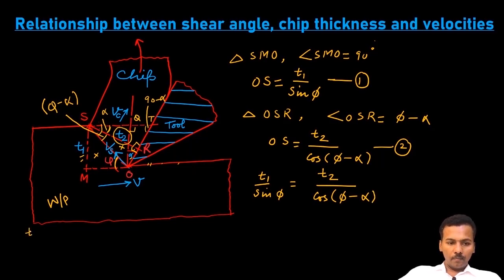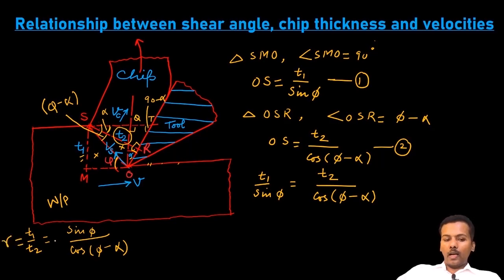T1 upon T2, this equal to sine phi upon cos phi minus alpha, and we already know that this is the cutting ratio or chip thickness ratio.